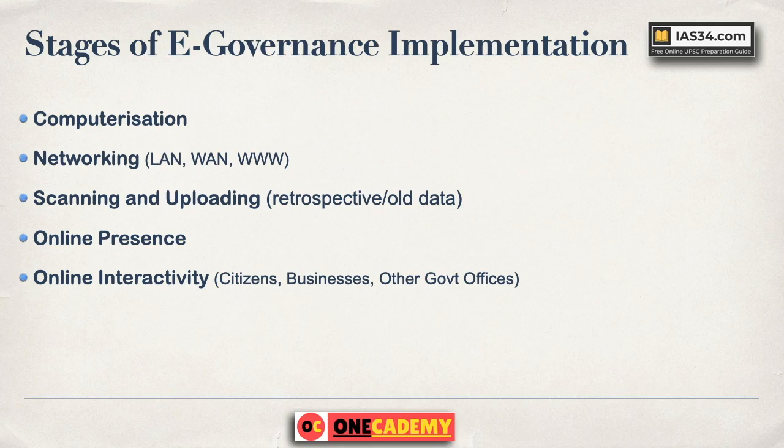Then businesses for different kind of approvals, proposals, tenders, projects, all this kind of things are required for businesses to interact. And then other government offices, they have to talk to each other, because often people are collaborating across ministries and departments. So these are the stages of e-governance implementation.